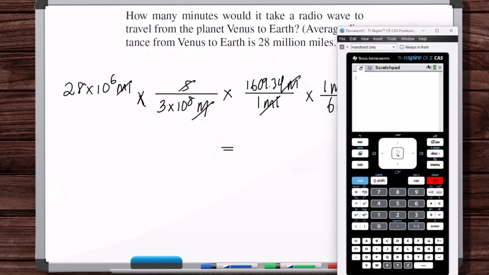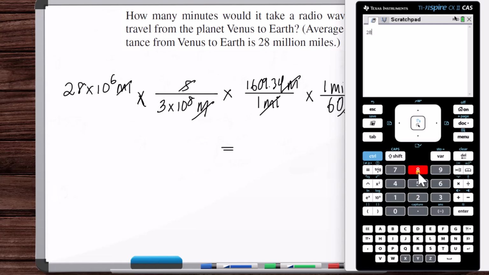So 28 times 10 to the 6th times 1609.34 divided by 60 divided by 3 times 10 to the 8th. 2.5 minutes.